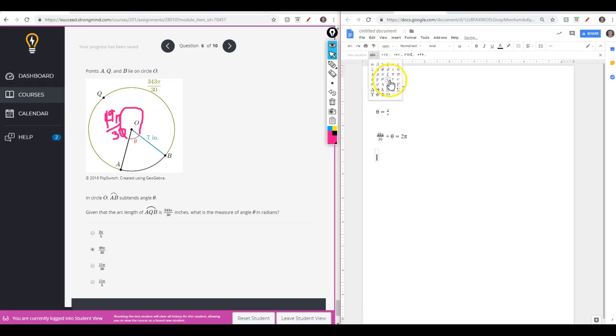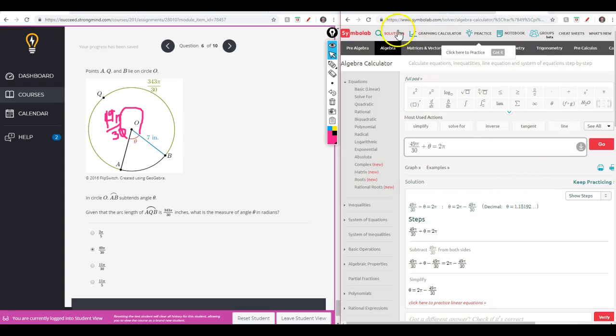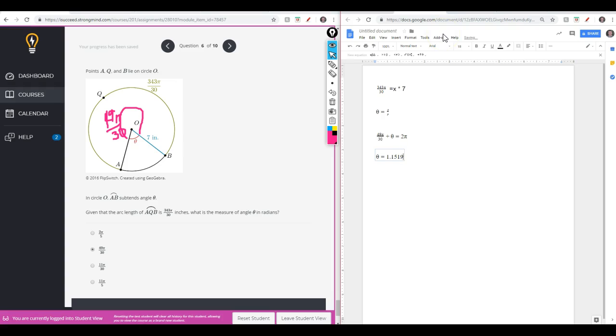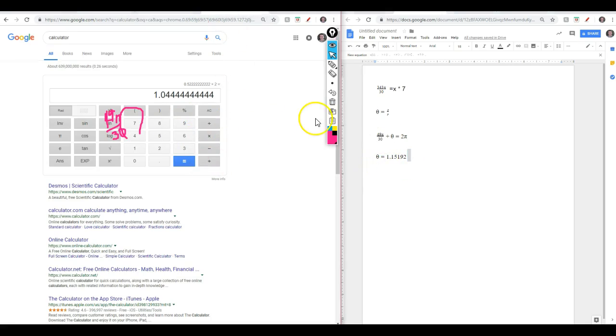So theta, again, we found equaled 1.15192. Some of you might be saying this is longer than if you just showed me, and it might be true, but this I feel is what could happen and what you most likely will receive.